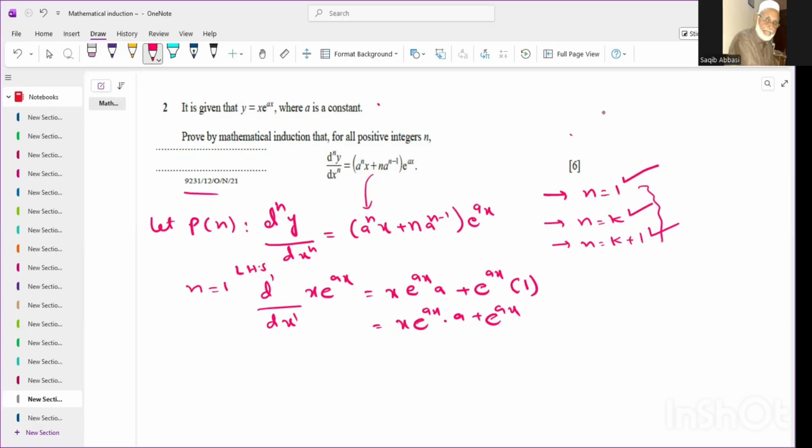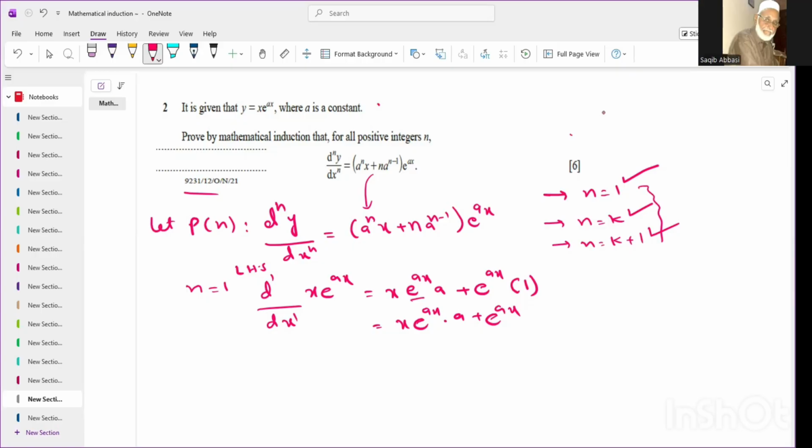How do we take the first derivative? First x is similar, then take the derivative of e power ax. What's the derivative of e power ax? It is a e power ax. So we get e power ax plus x a e power ax. So this is our first derivative by using n equal to 1.